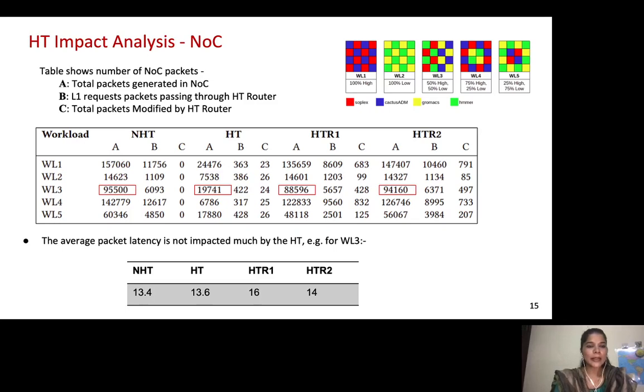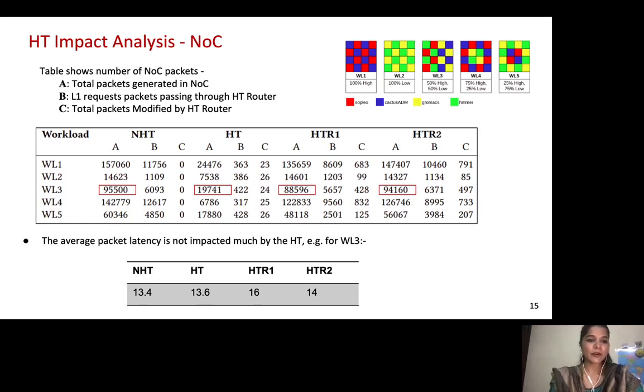Now we talk about HT impact analysis at NOC level. In this table, we show the number of NOC packets where A is the total packets generated in NOC, B represents L1 request packets passing through the HT infected router, and C represents total packets modified by the HT router.